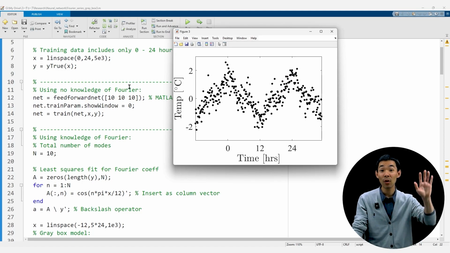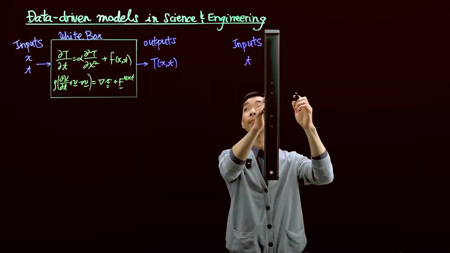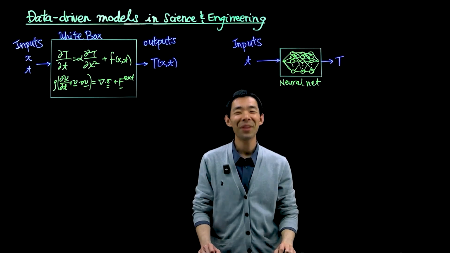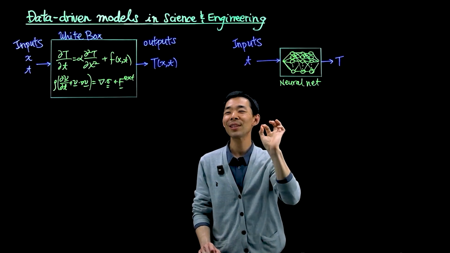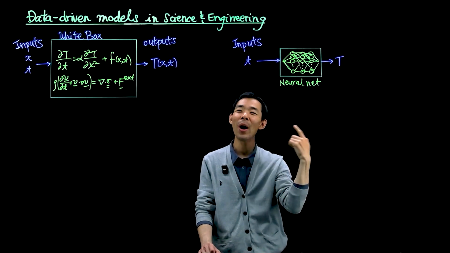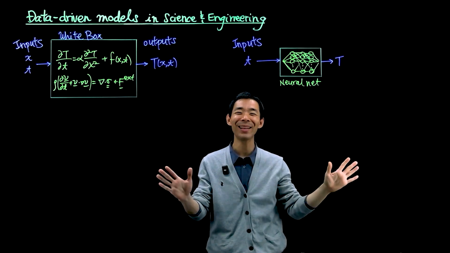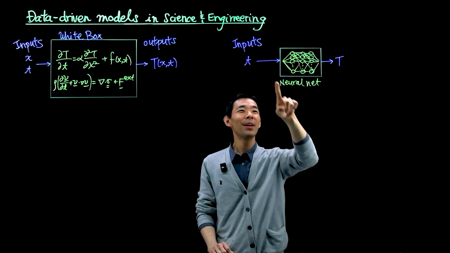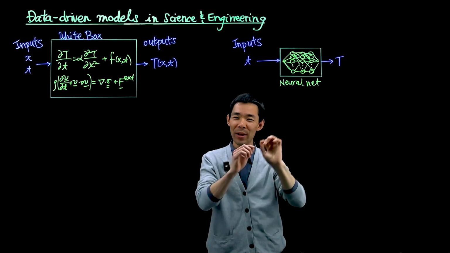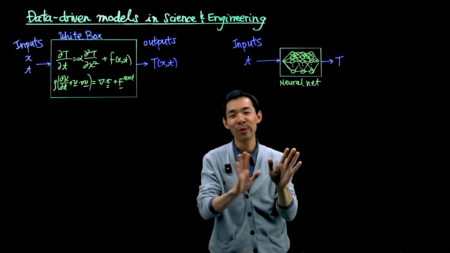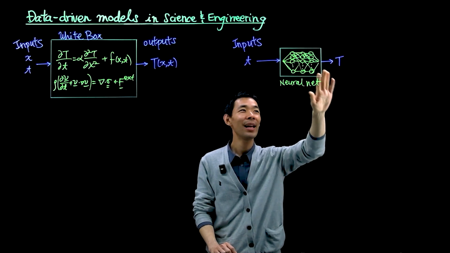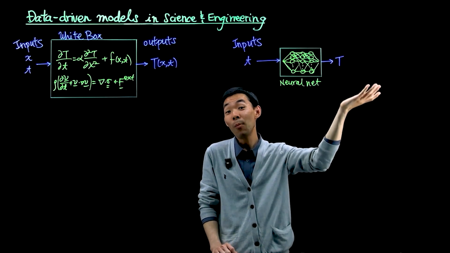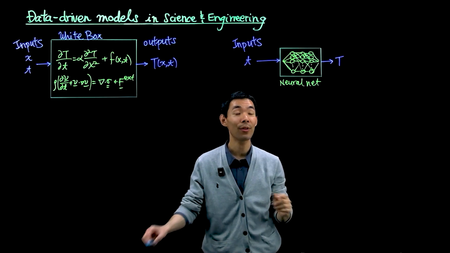Okay, so let's draw on the board what we're doing. In this particular case, we're putting in just the time input, because we're assuming well-mixed systems, so there's no spatial dependence, into a neural net, which you've probably seen these diagrams all over the place, but there's some number of nodes present, some number of layers, and out comes some output, in this case, temperature.